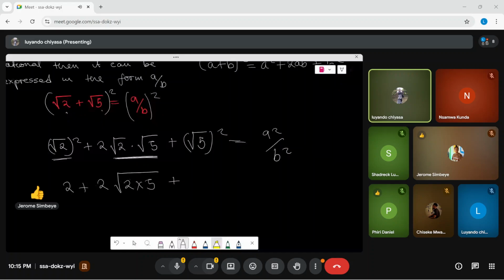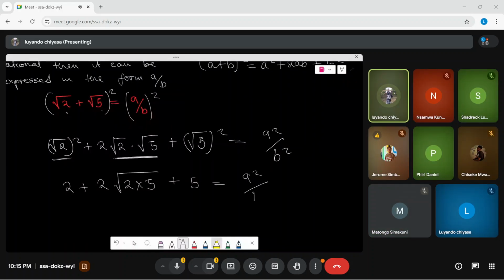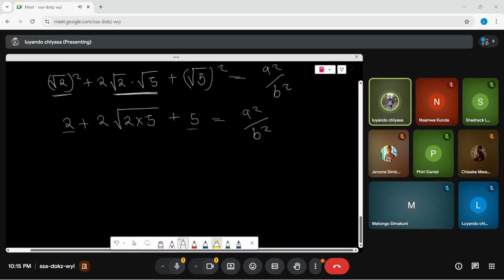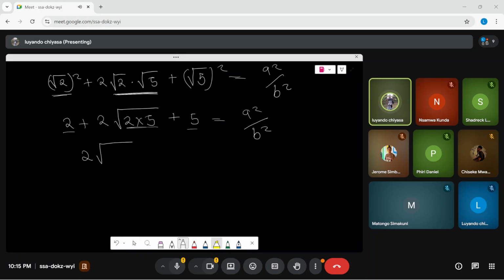Plus this one will just be 5, is equal to A squared over B squared. Once we get this, we can add this one and this one, it will be 7. So we have 2 root, and when you multiply these two, you get 10. So it will be 2 root 10 plus 7 is equal to A squared over B squared.